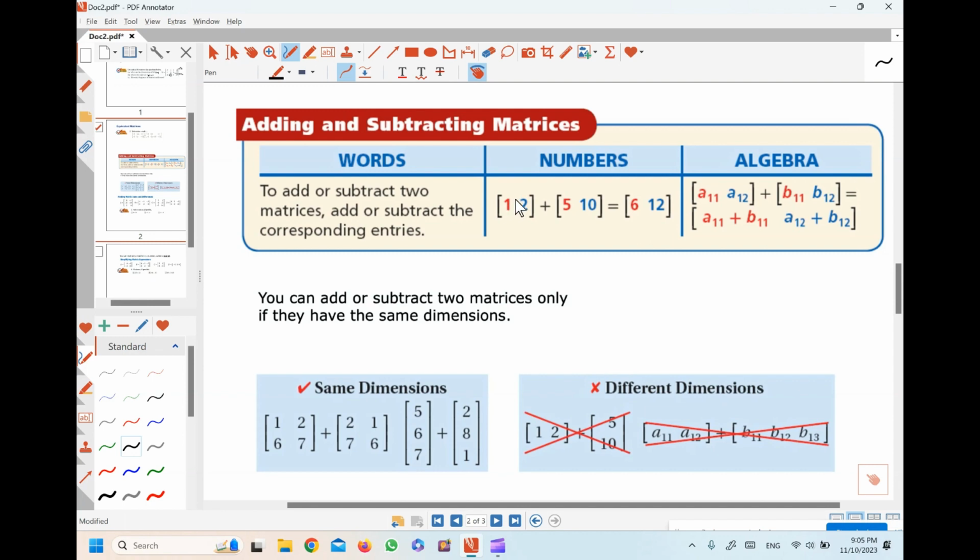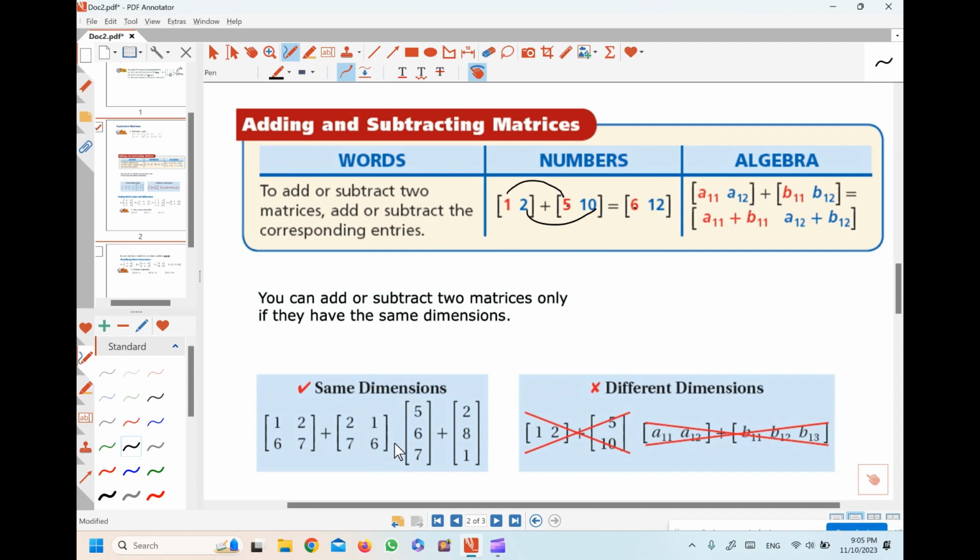All we have to do is add or subtract the corresponding entries. Those two correspond and these two correspond. So when we add, the first entries are 1 plus 5, which is 6, and the second entries together, 2 plus 10, 12, like this.